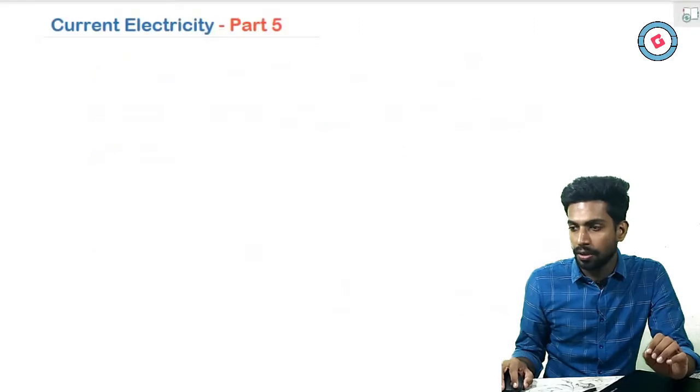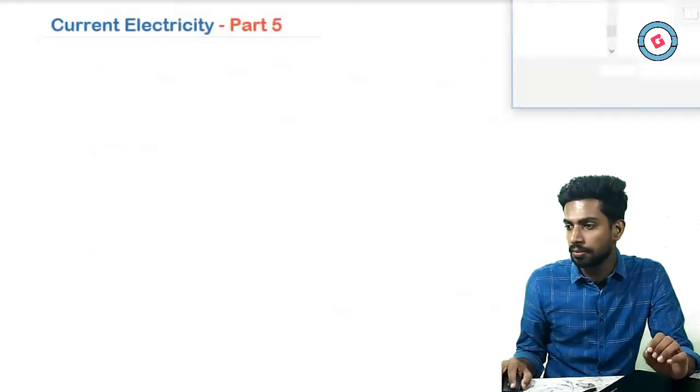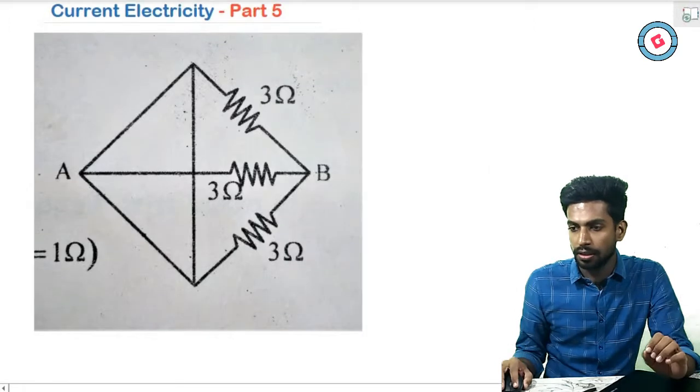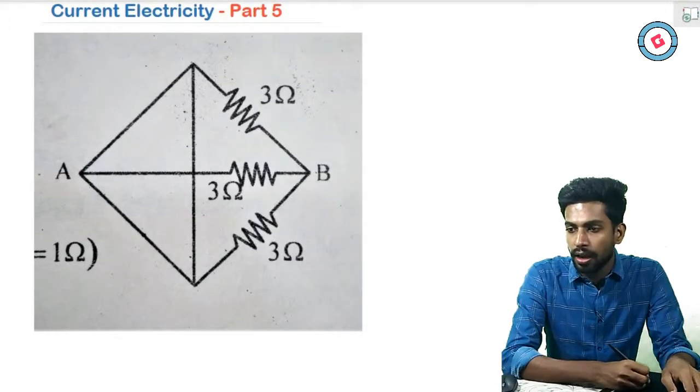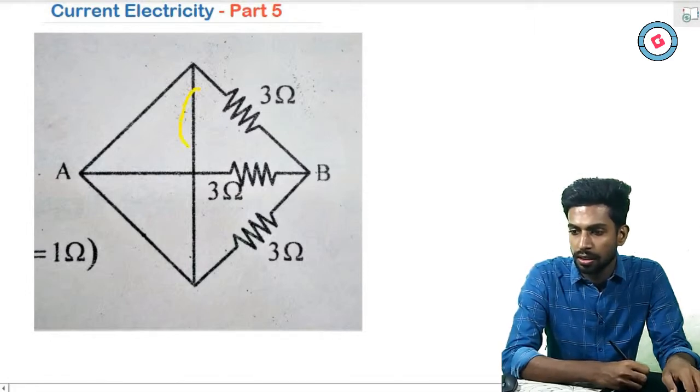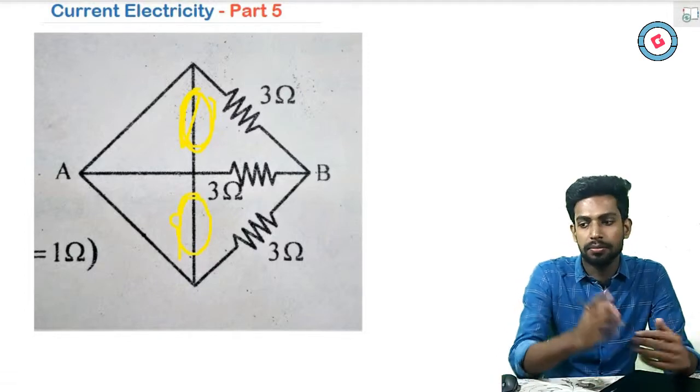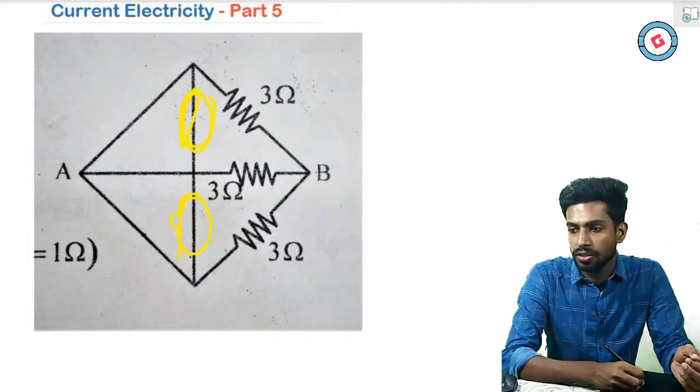For example, this is an example of resistors which we can simplify by that. These wires, we can reduce those lengths to 0.